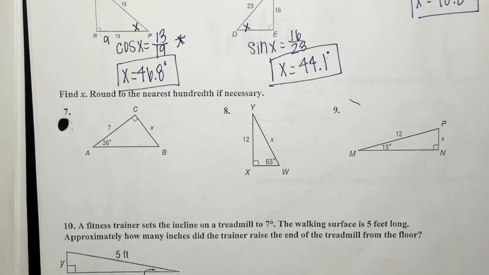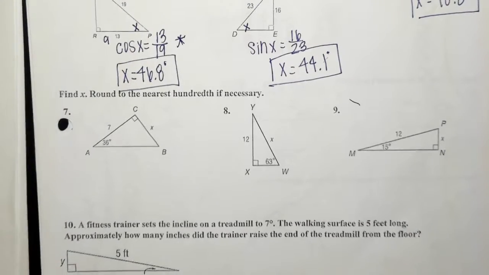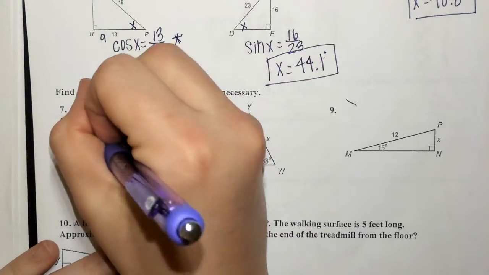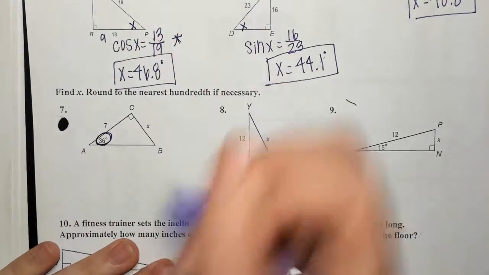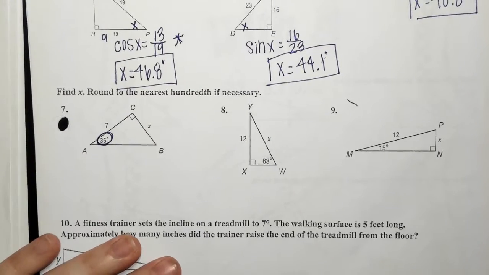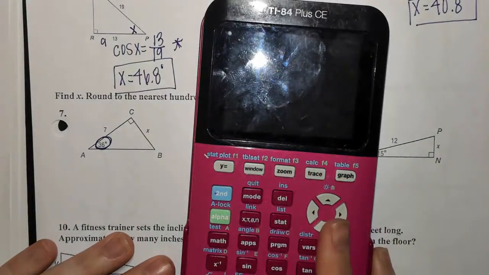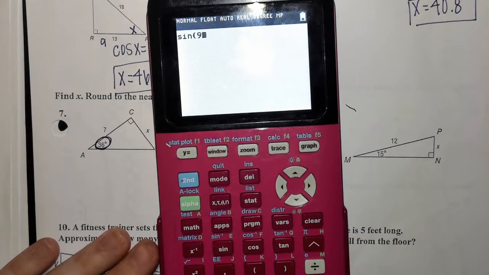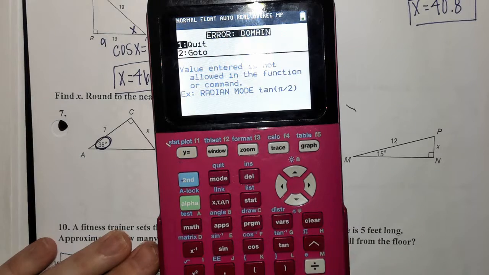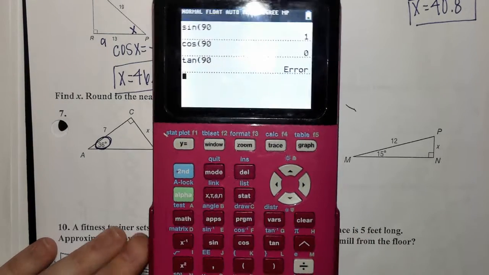All right, so now we're going on to sides. We are still going to use the angle. So it's very important that you still circle the angle you're using. Notice we're never going off of the 90-degree angle. Here's why. What happened when I pressed tangent of 90?